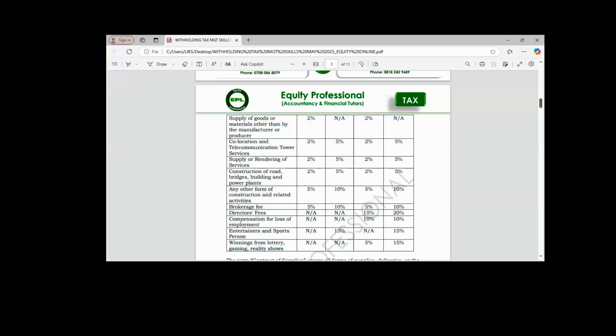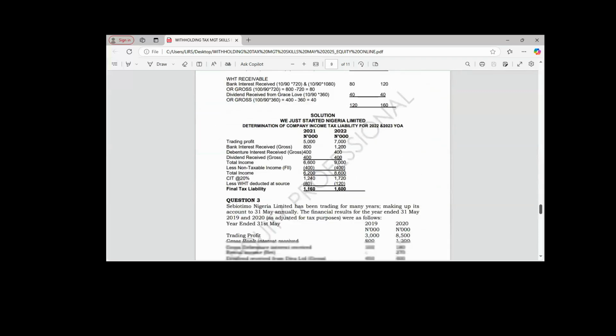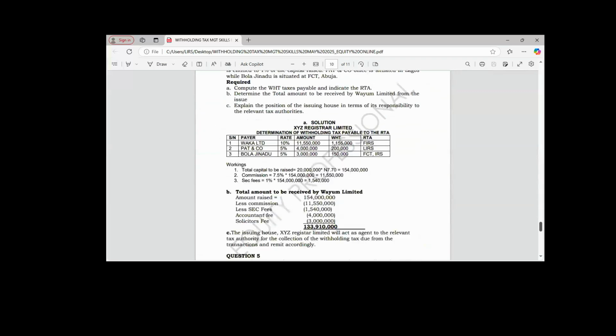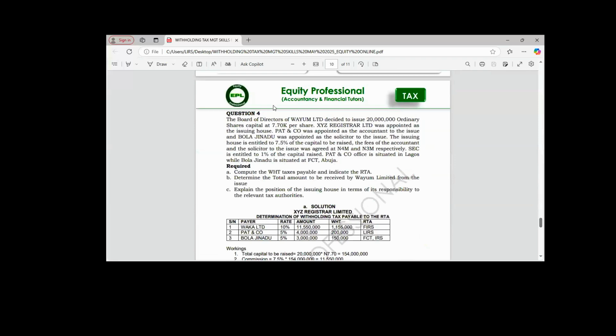But why are we talking of withholding tax here? Because for selling that share, they are going to receive commission and professional fees as a result of that transaction. There is commission that will be received by XYZ Registrar, and the professional fee that will be received by the solicitor and the accountant.